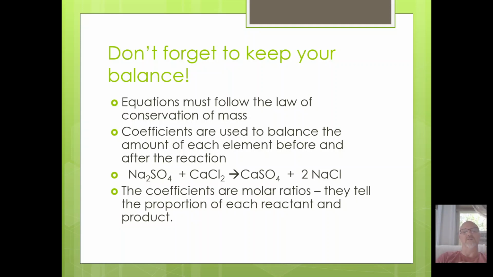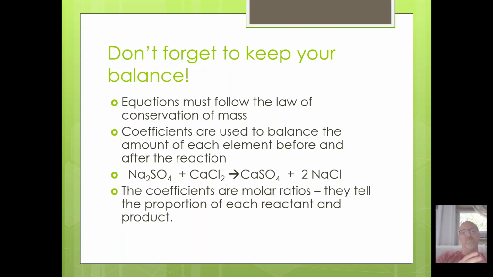So the example I have here, sodium sulfate, calcium chloride, I'll get calcium sulfate and sodium chloride. Right? It's a double replacement reaction. Based on the formulas, I end up with 2 Nas and 2 Cls, but since Na and Cl go together in a 1-to-1 form, I need 2, or I'm going to produce twice as much sodium chloride as I do either sodium sulfate or calcium chloride that's there.